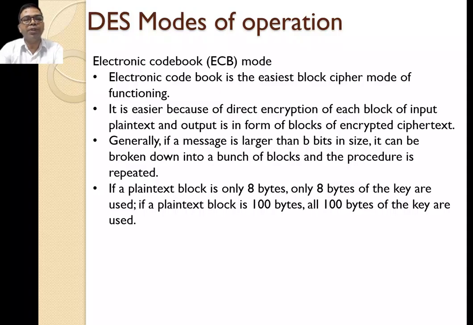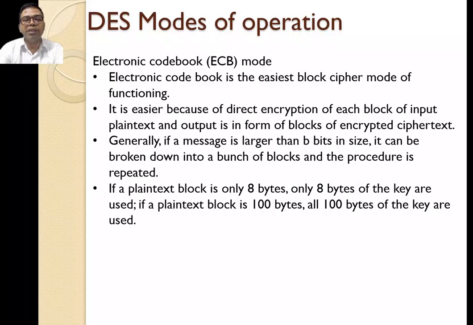The first and simplest mode of operation of DES is called electronic codebook, or ECB mode. Electronic codebook is the easiest block cipher mode of functioning. It is easier because of direct encryption of each block of input plaintext, and the output is in the form of blocks of encrypted ciphertext.